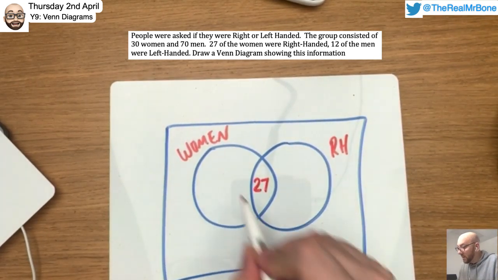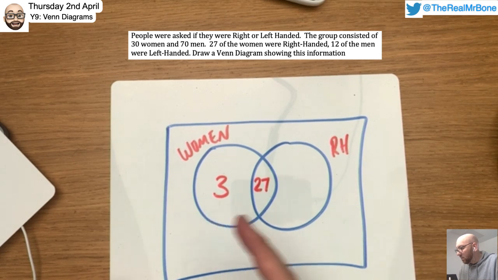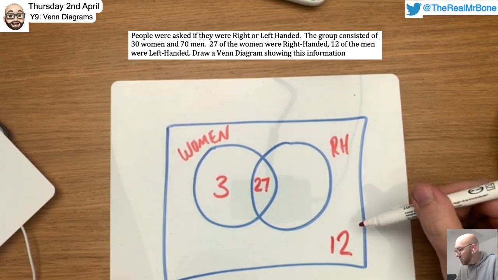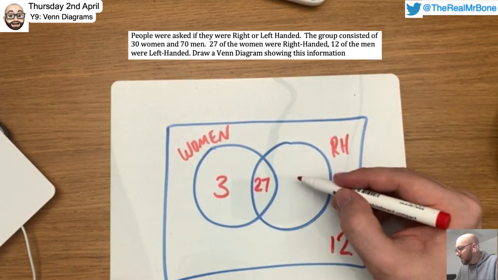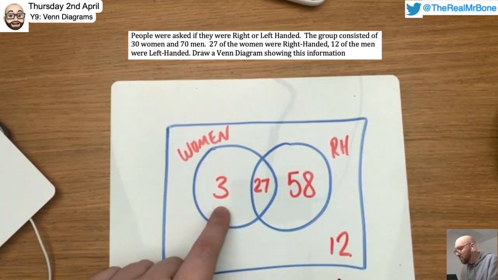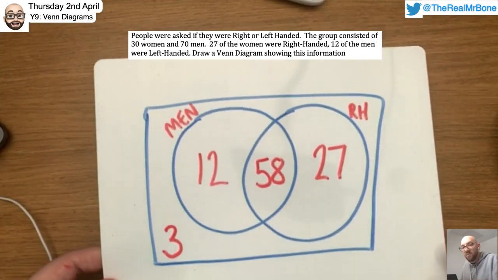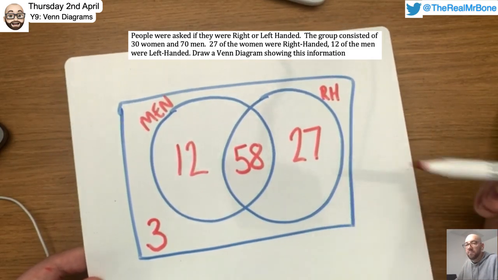We know there was 30 women altogether, so there's my 3. We know 12 men were left-handed, so they're not going to go in any part here, so we'll put the 12 on the outside. Okay, which means the rest of the men who are right-handed, but not a woman, obviously, they're going to go here. So our numbers were 3, 27, 58, and 12, which were the same numbers as before. 3, 27, 58, and 12.